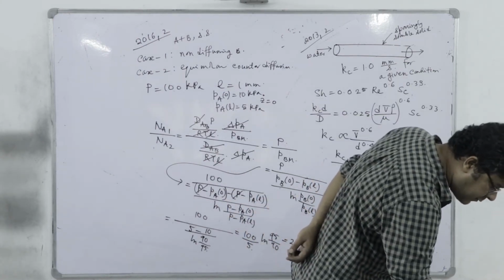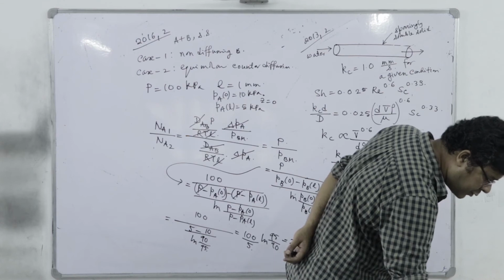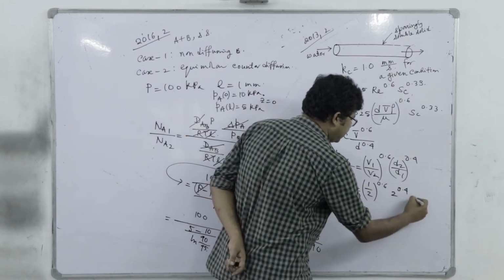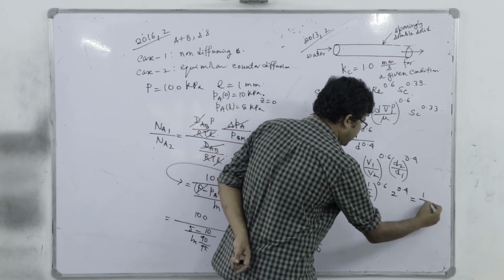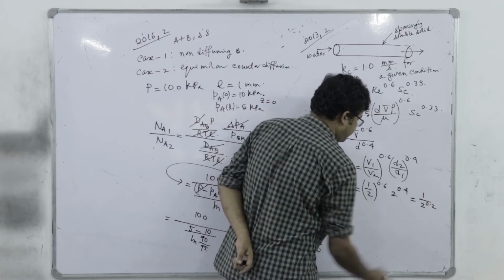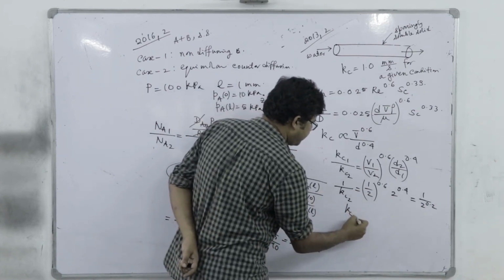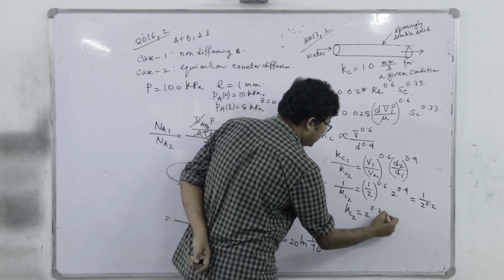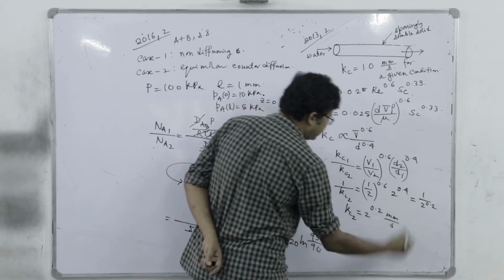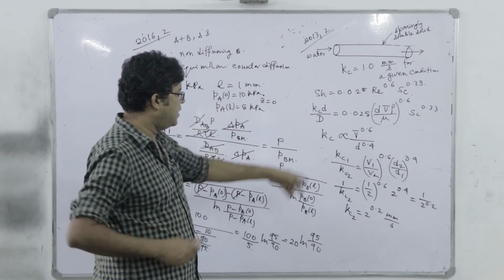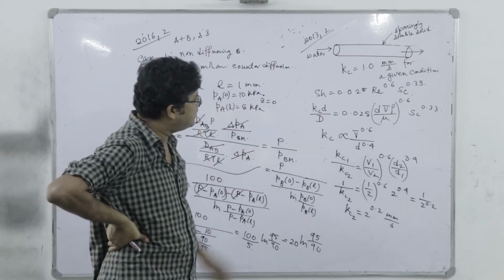The velocity of the fluid and the diameter of the pipe are both doubled. So, 2 to the power 0.4, so it is 1 by 2 to the power 0.2, right. So, Kc2 is 2 to the power 0.2 millimeter per second. So, you can just use the calculations and solve for Kc2.